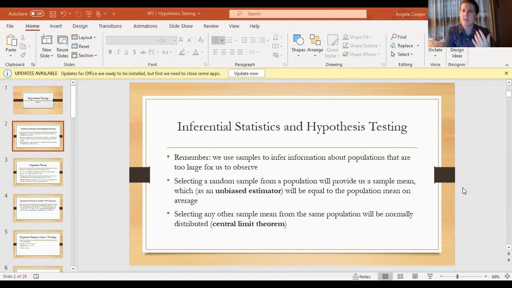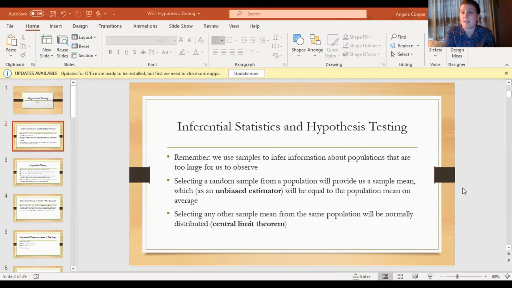As we talked about in terms of the sample means, when we select any sample from a population, it is obviously going to have a mean. We have a mean of 25.2 for a sample of 40 in the population of college students or what have you. But on average, this sample mean that we've randomly selected will equal the population mean.